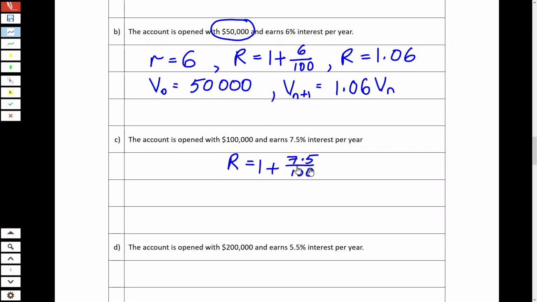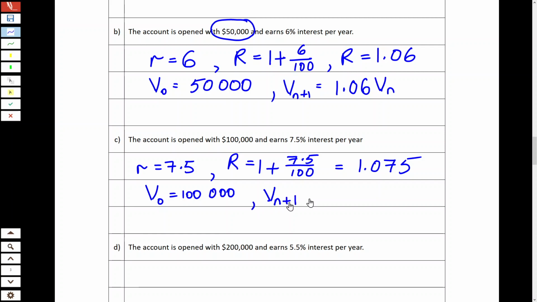Yep. Nice. So V naught would equal 100,000. Vn plus 1 equals 1.75 Vn. Boom. Good job.